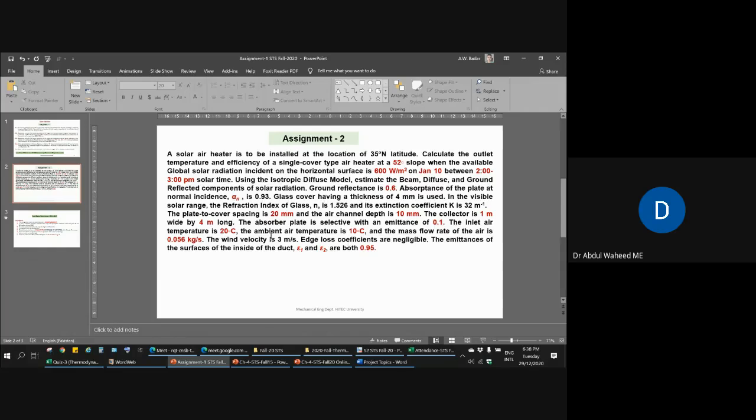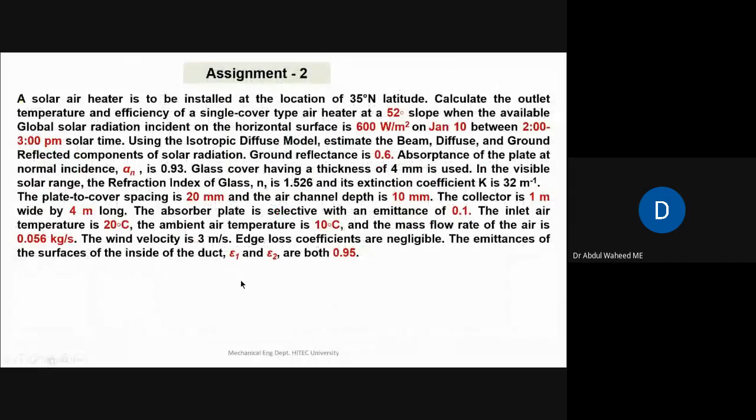So इस question को मैंने frame ऐसे ही किया, that is a solar air heater, जिसमें ये beta slope given है, और available radiation means G, watts per meter square, on that day, January 10, between just 2 to 3 p.m. solar time.